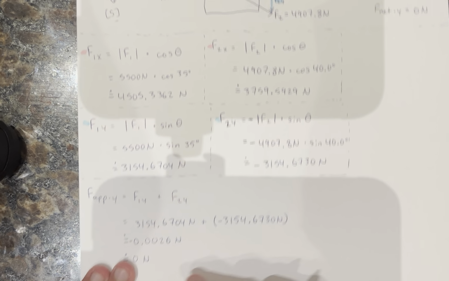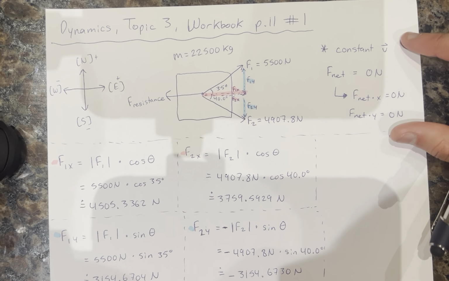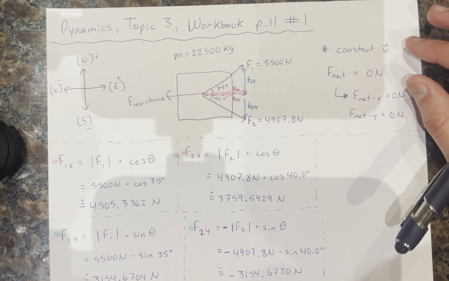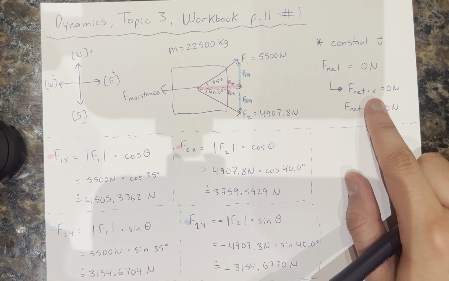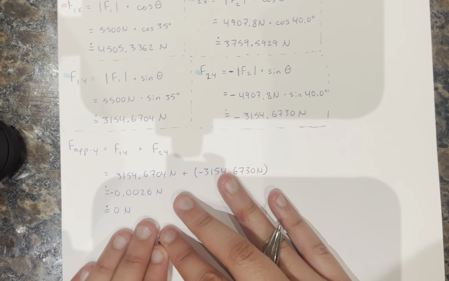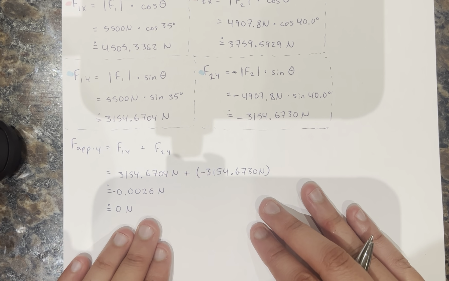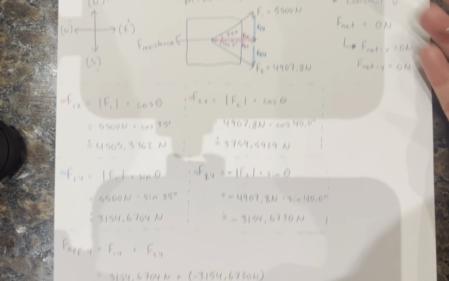And this makes sense based on what we're told in the beginning of the question. Because it's being pulled at a constant velocity, F net is 0, F net x is 0, F net y is 0. So it also makes sense that we got this as our formula because it agrees with what the question told us.